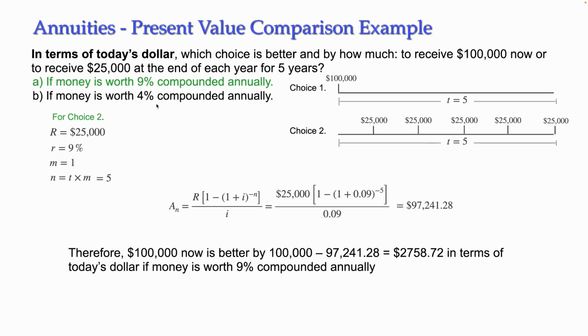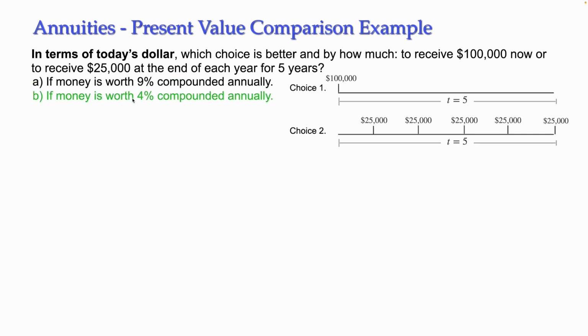Okay, but what happens if money is worth 4% compounded annually? What happens if the rate of interest is 4%? Let's see what happens for answering this second question, question B. Again, the same situation, we're analyzing choice 2. Again, we're going to receive $25,000, but the interest will be 4%. So the nominal rate of interest is 4%, and again, it is compounded annually.